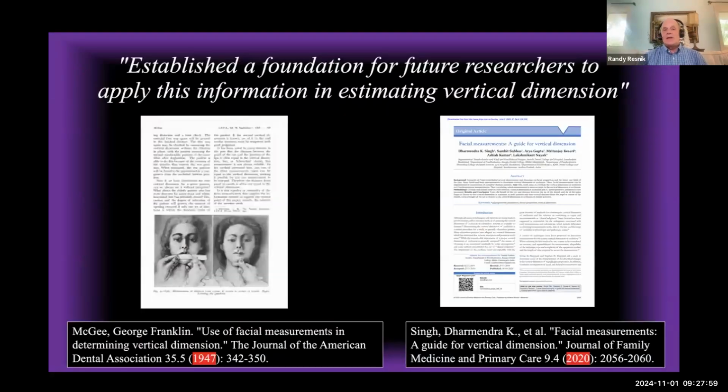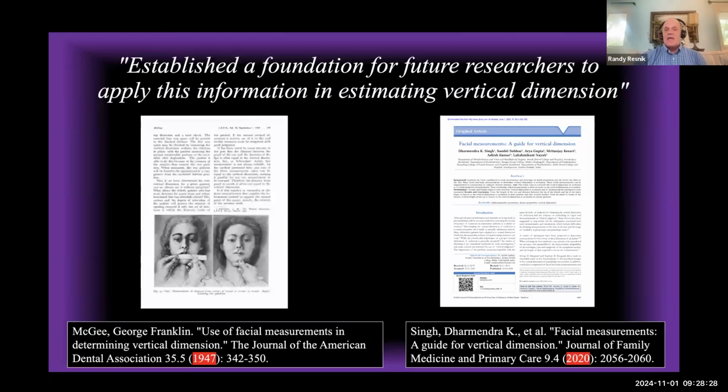This led to a foundation for future researchers to take this information and come up with different ways of estimating vertical dimension. If you look at the article on the left, McGee's article from 1947 in the ADA journal, and up to right now, here's one from 2020 talking about how you can use facial measurements. So it is something that has been around a long time.